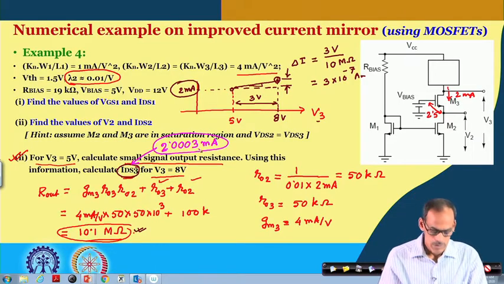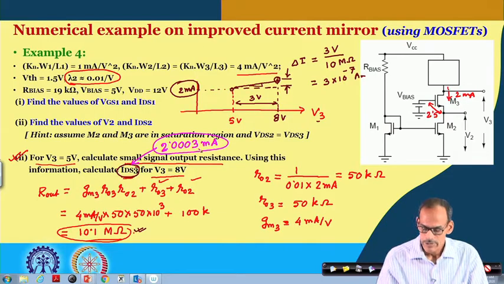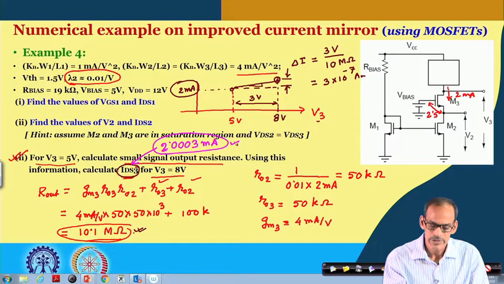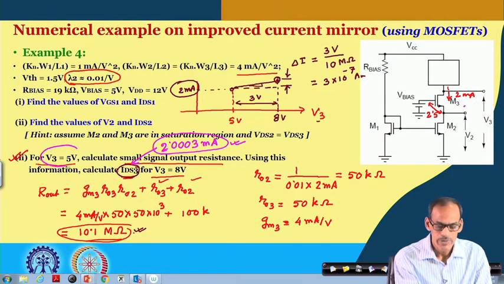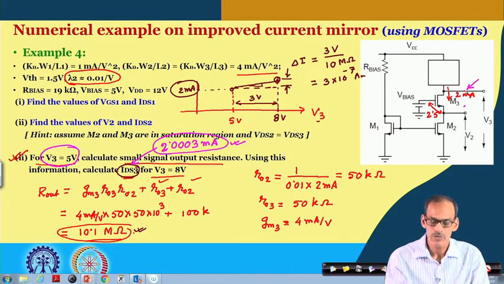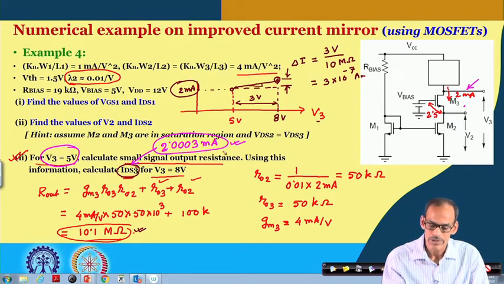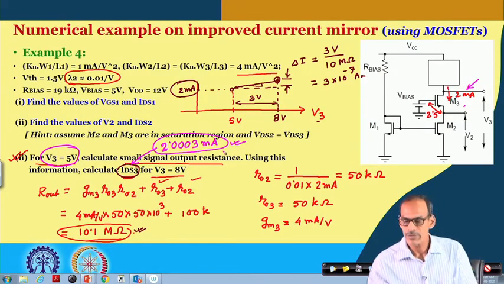Now, how do you get this voltage? So, this circuit is fine, we are getting a very small change of this current because of this cascode transistor. Even though the voltage at this point V 3 is going from 5 volt to 8 volt, we can see that the current variation is very small, and hence it is meaningful to add this cascode transistor.